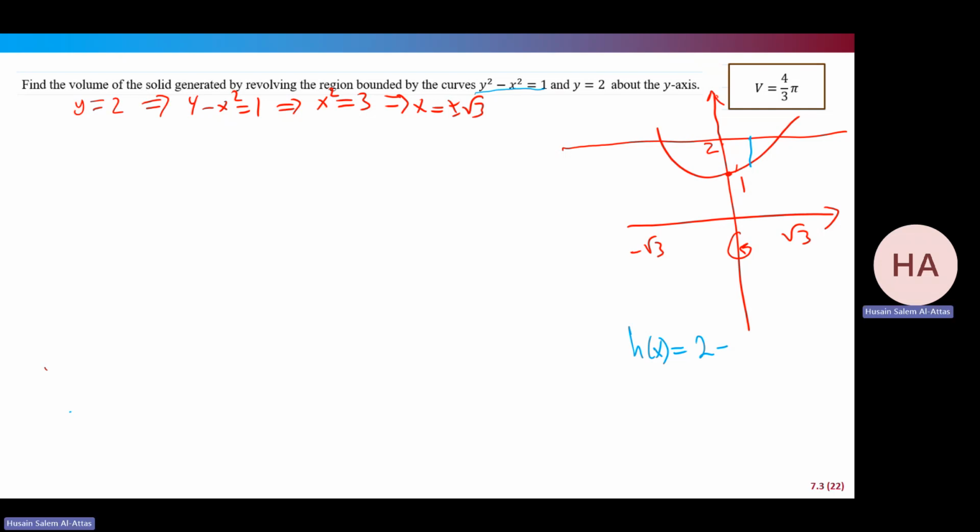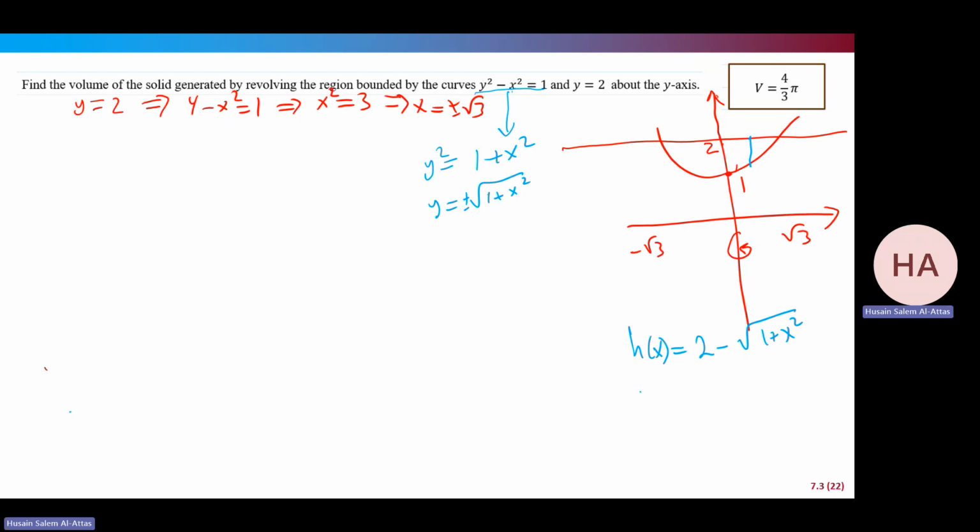I need to rewrite the function in terms of x. So this one gives me y squared equal 1 plus x squared. So y equals plus or minus the square root of 1 plus x squared. I need the positive one. So I have 2 minus the square root of 1 plus x squared.